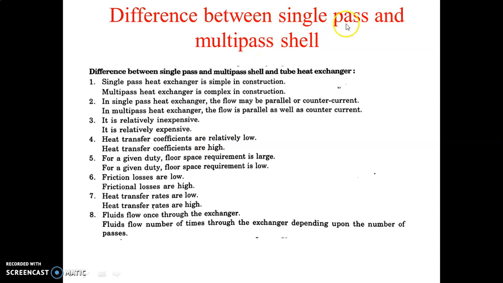So in single pass the fluid flows only one time in the heat exchanger, while in multi-pass the fluids may flow many times. So these are some points from which we can compare single pass and multi-pass shell and tube heat exchangers.